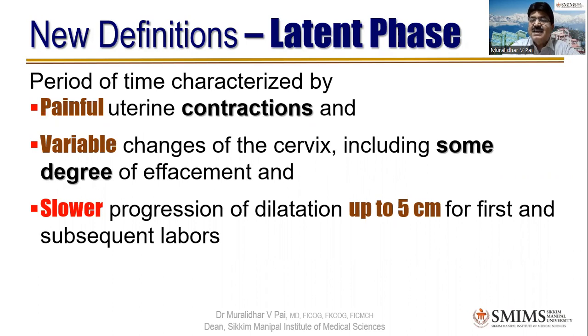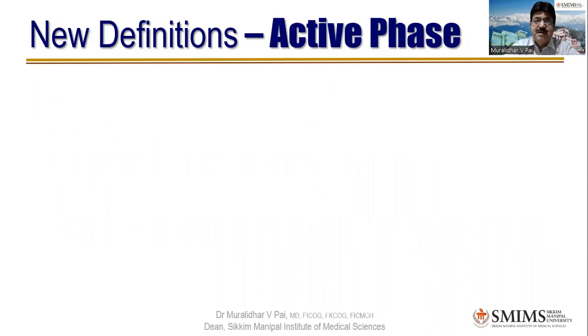That is indefinite. It can run sometimes hours, sometimes couple of days also. That is exactly why they are saying don't start Partograph in the past, and now they are saying don't start labor care guide until she is 5 centimeters dilated. I hope I'm clear. Now, what is active phase?